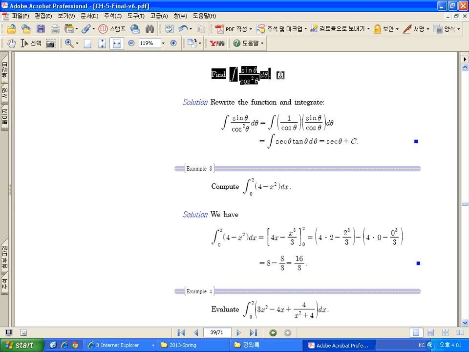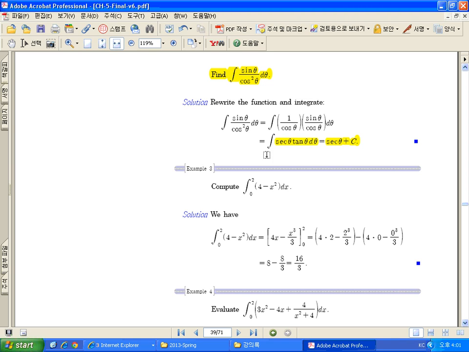Same thing. Find this one. We know the derivative of this is this.